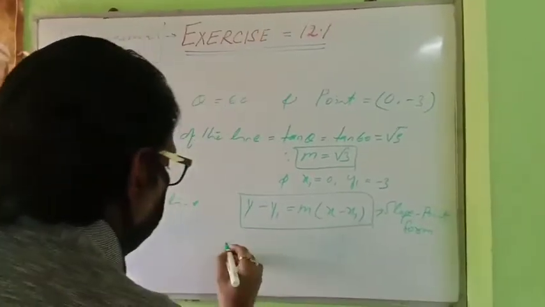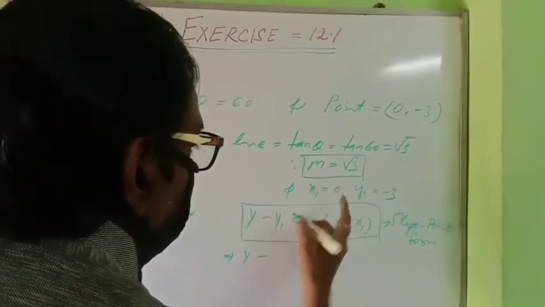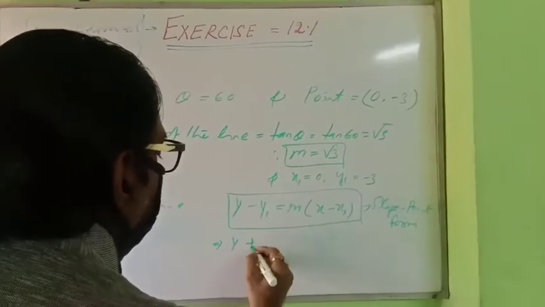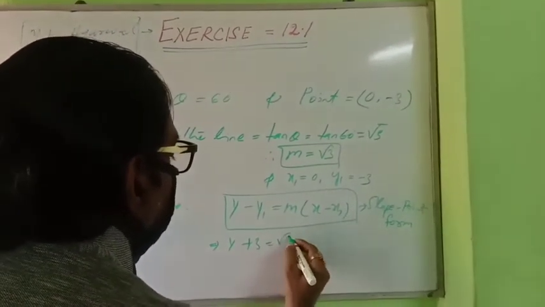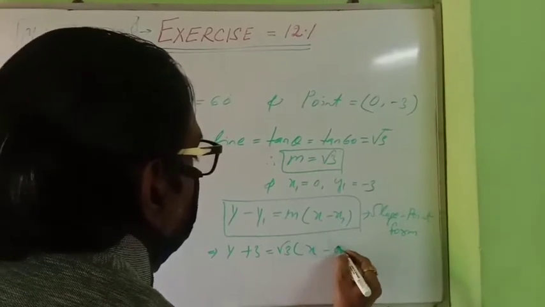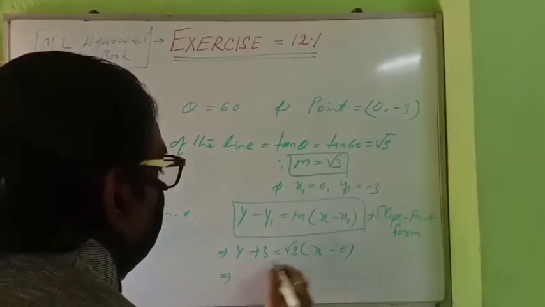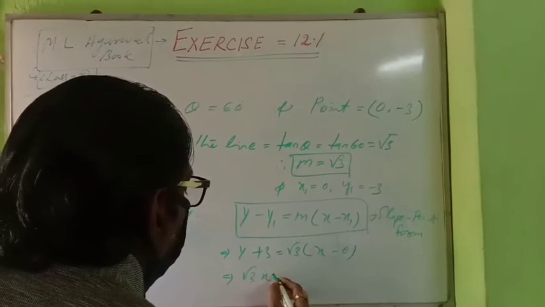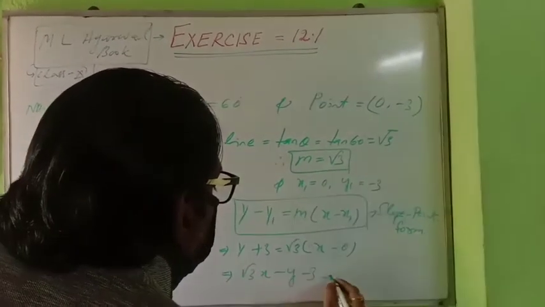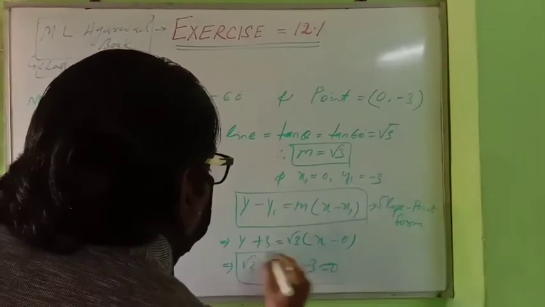Now put the values. y minus y1, what is y1? Minus 3, so this will be plus 3. m is root 3. x minus 0. So finally you get root 3 x minus y minus 3 = 0. This is the equation of the line.